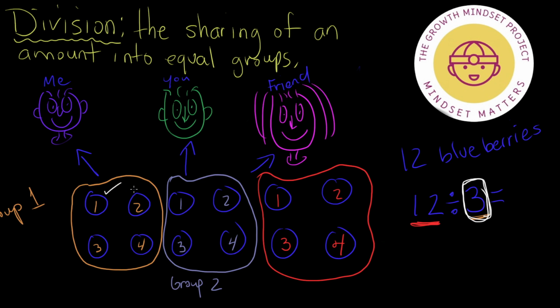We have 1, 2, 3, 4. 1, 2, 3, 4. 1, 2, 3, 4. 12 divided by 3 is equal to 4. Okay? That's a really simple, really basic introduction to how you divide numbers.